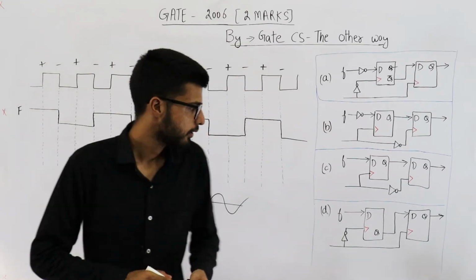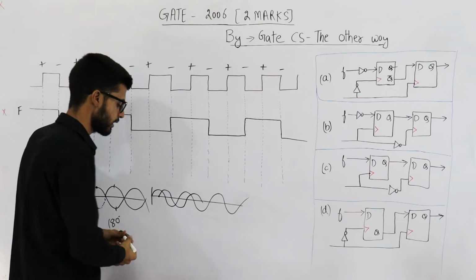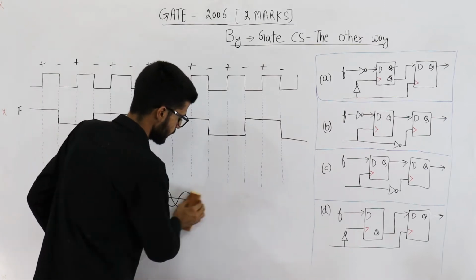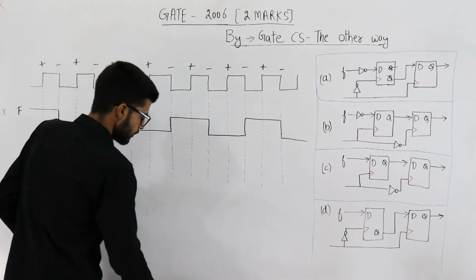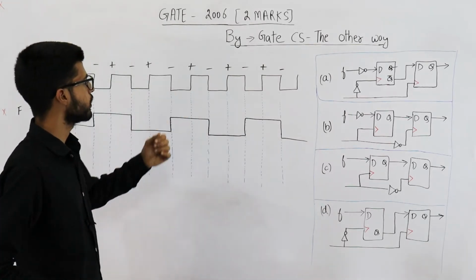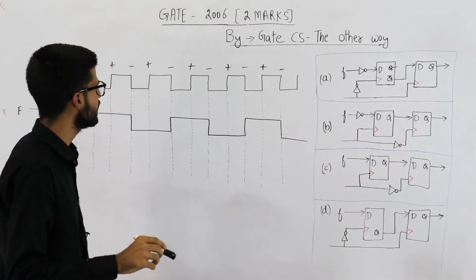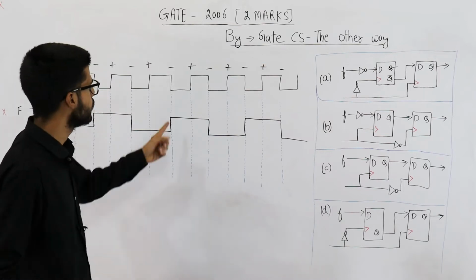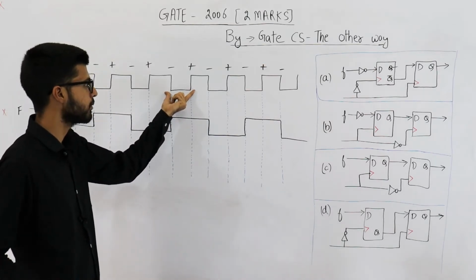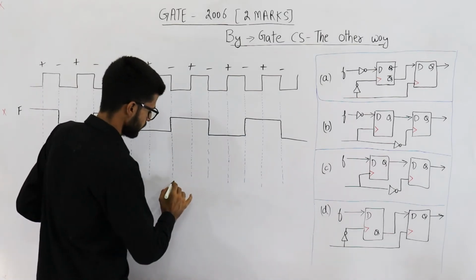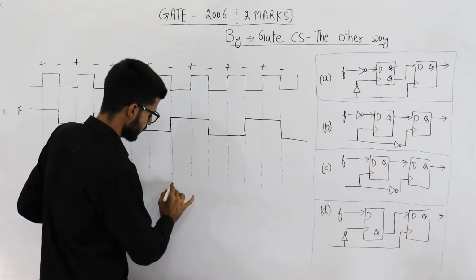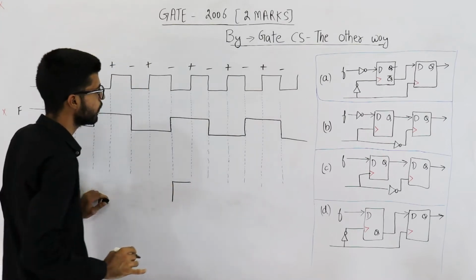Now let's apply all of these things to square waves. Say this is a square wave. I want to phase shift it by 180 degree. So at this point, it has minimum value, that means 0. In the new wave, it has to have the value equal to 1.